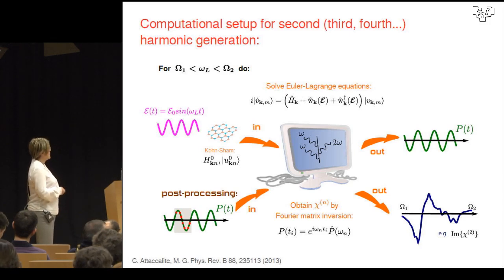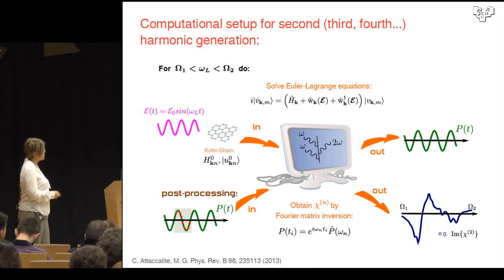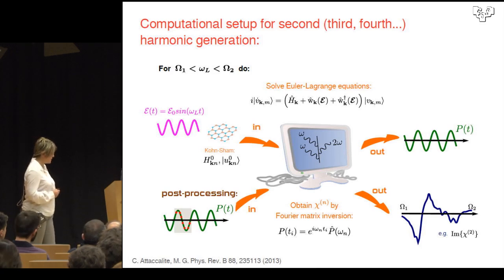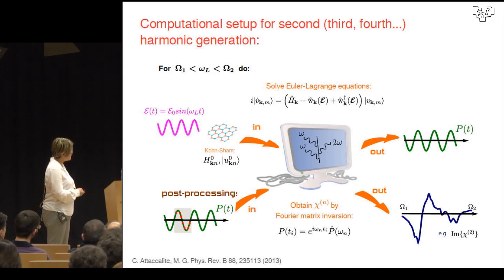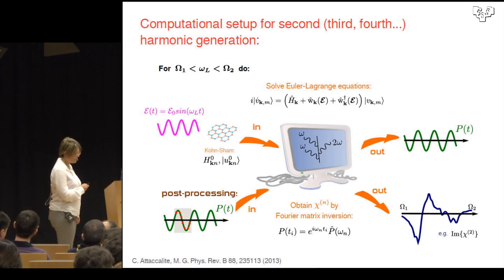Then we need some post-processing. Basically we just sample a period of this polarization, and we use a Fourier matrix inversion. And this will give us just a point on this spectrum. And of course, we then have to input different frequencies in the range of frequencies we are interested in to obtain the whole spectrum.